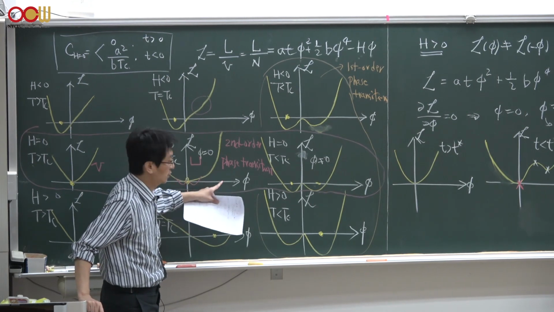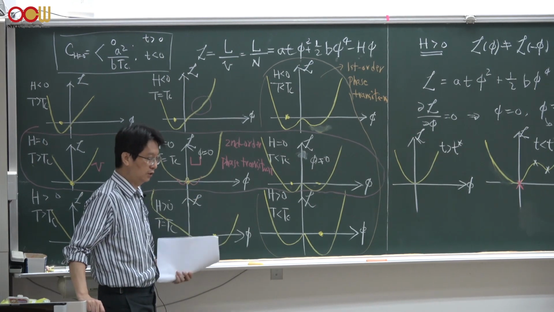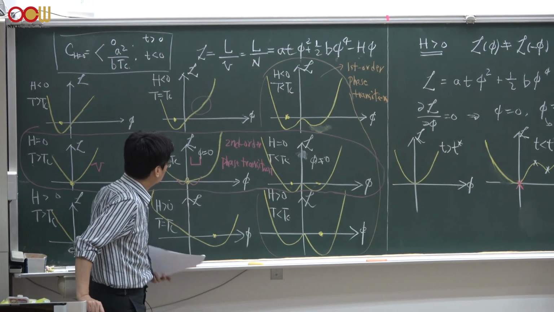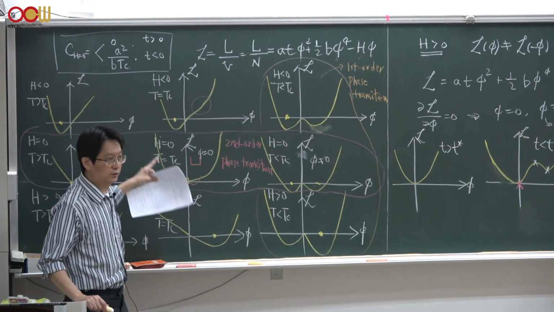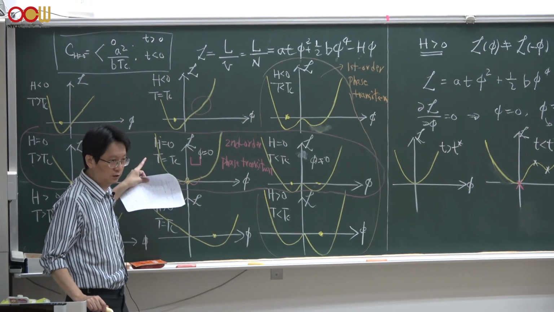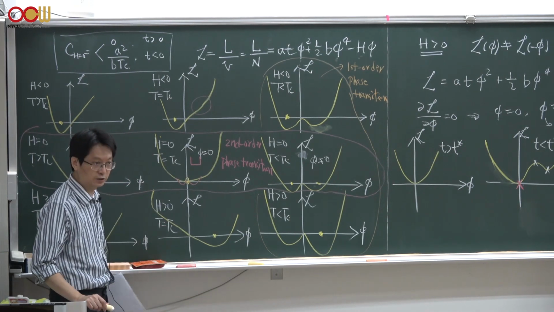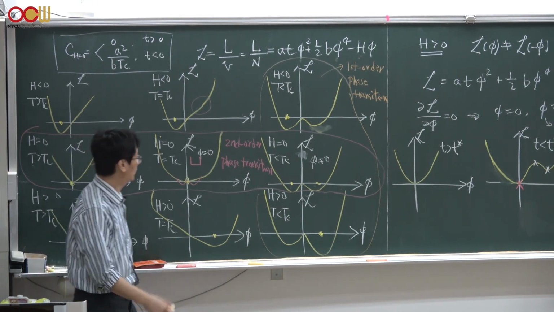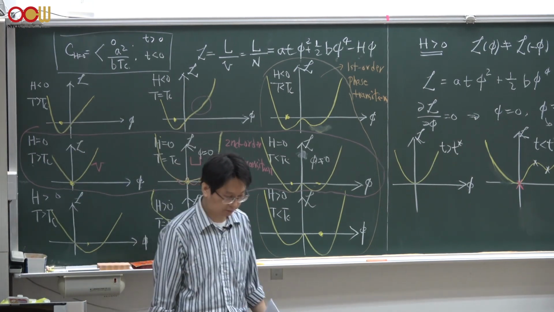This transition occurs continuously when you cross the transition temperature Tc, if you are at 0 field. And this is precisely what we studied earlier when we studied the Ising transition at 0 field, and you tune the temperature from above Tc to below Tc.